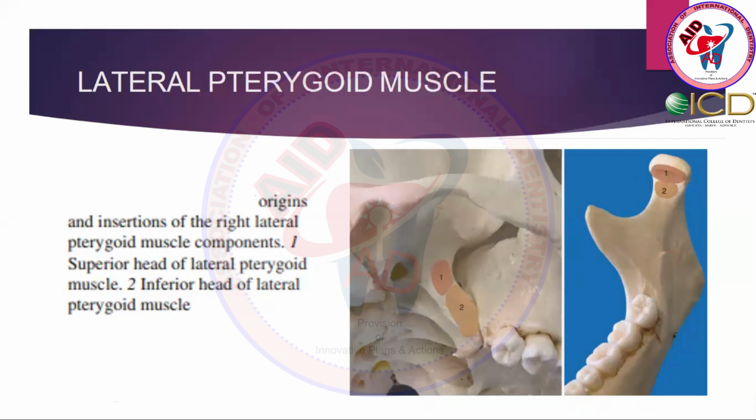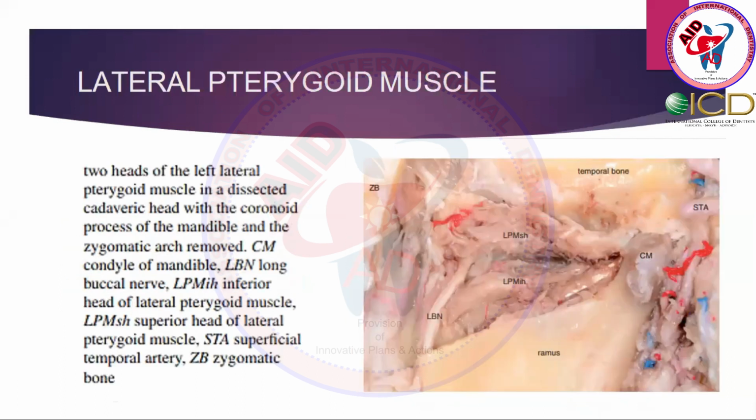Now we are getting more orientation, and it is the same as before. The difference is that here you can see the main vessel coming, and that is the external carotid branches.